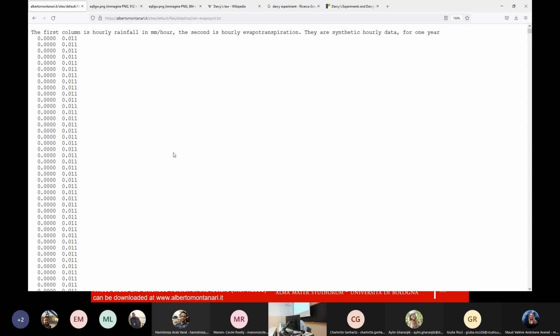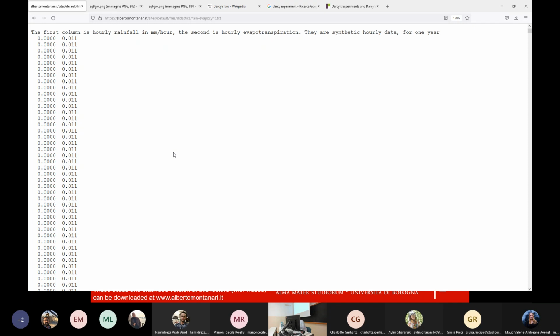They are synthetic data, not observed data, but let's forget about this. This is not important for now, but they are hourly data. This is important for 1 year. So I want to stress once again, when you get a data set, the first thing that you have to clarify is the units, which implies the time step.